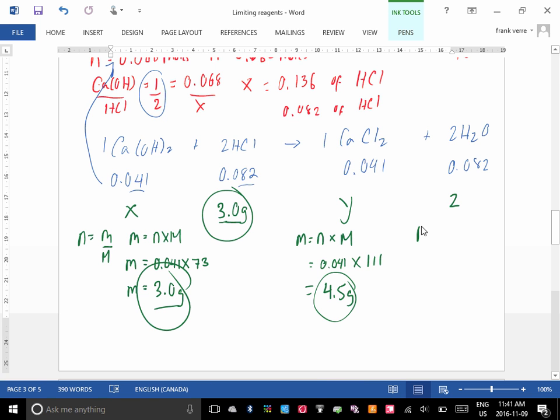Let's work it out. What is m? m is n times big M. n is 0.082 times the molar mass of water. Water is 18. So what's 0.082 times 18?